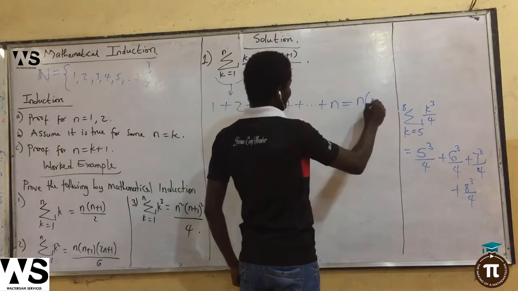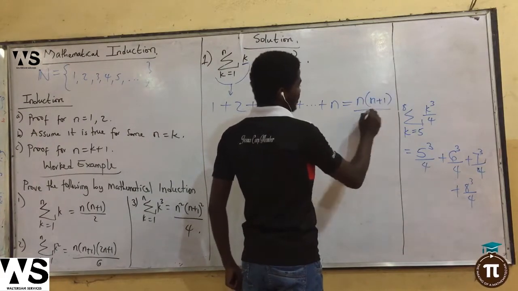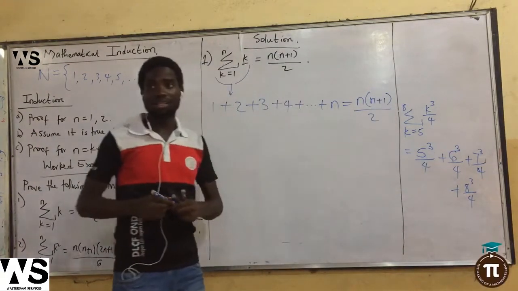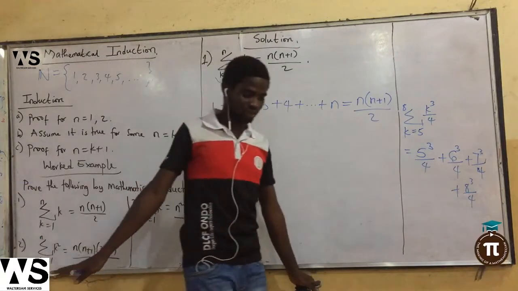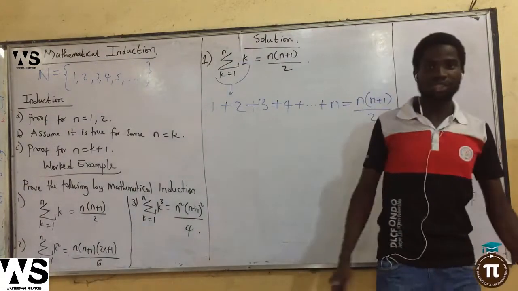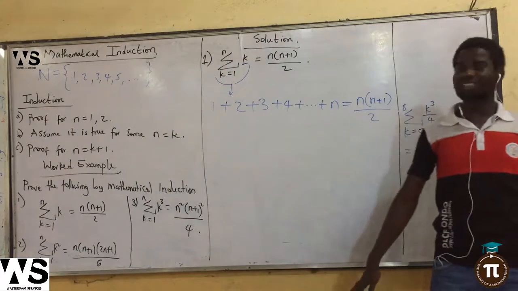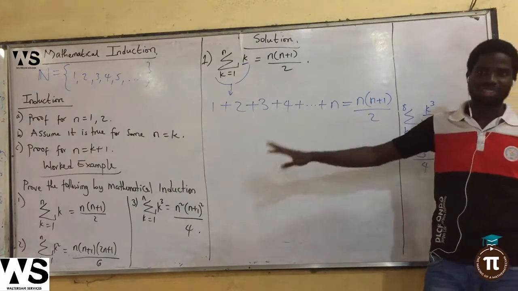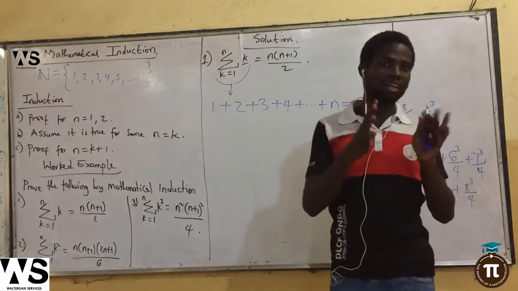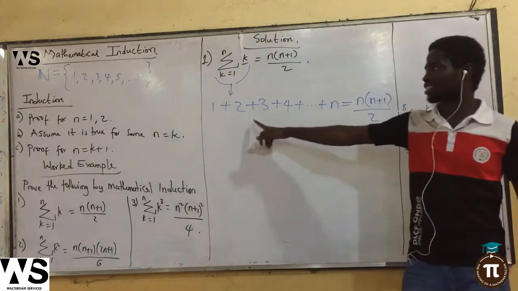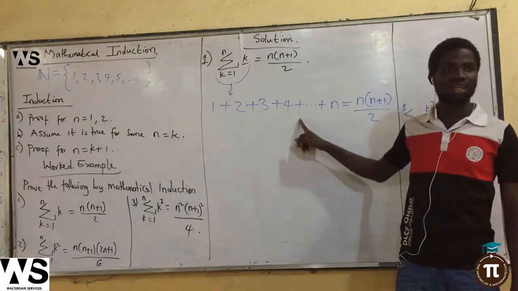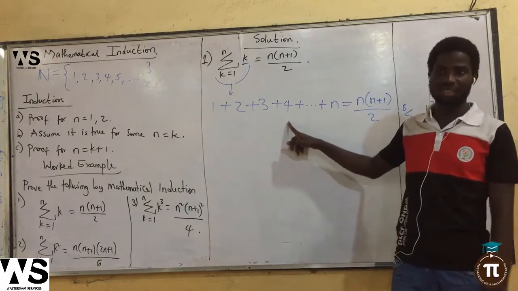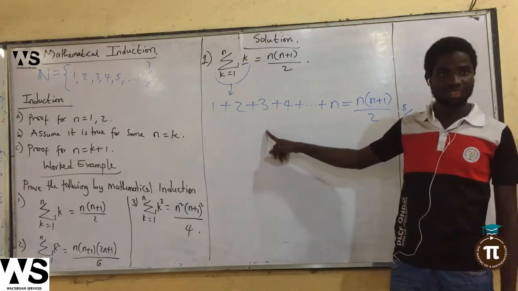It's actually good. In fact, this question, let's come out of math induction. Suppose we come out from math induction, there are many ways to prove this. The first thing you can see is that this is actually an arithmetic series, isn't it?